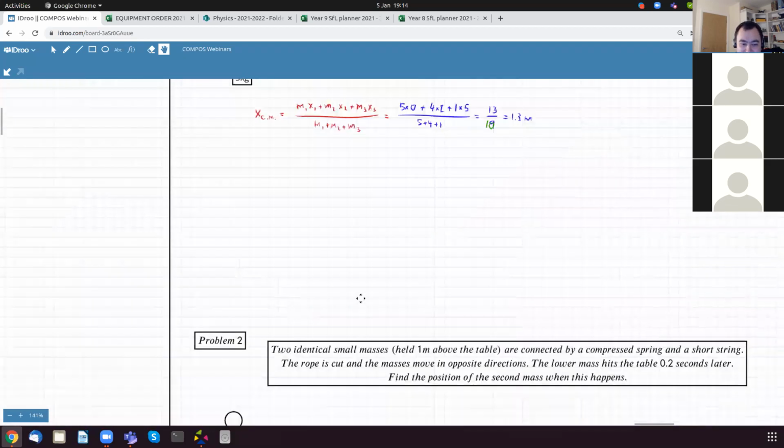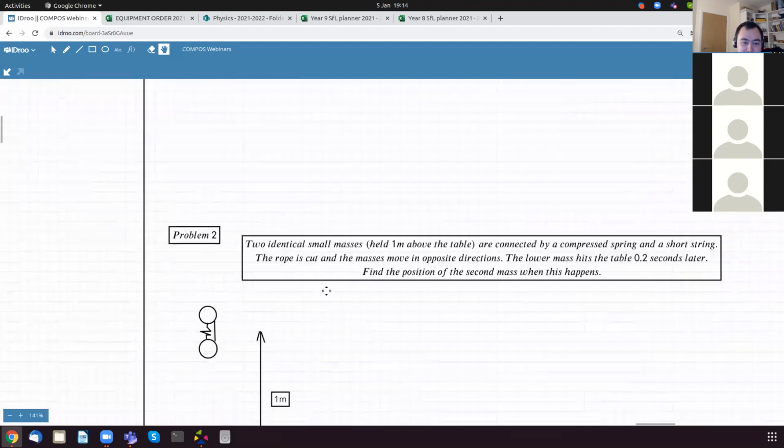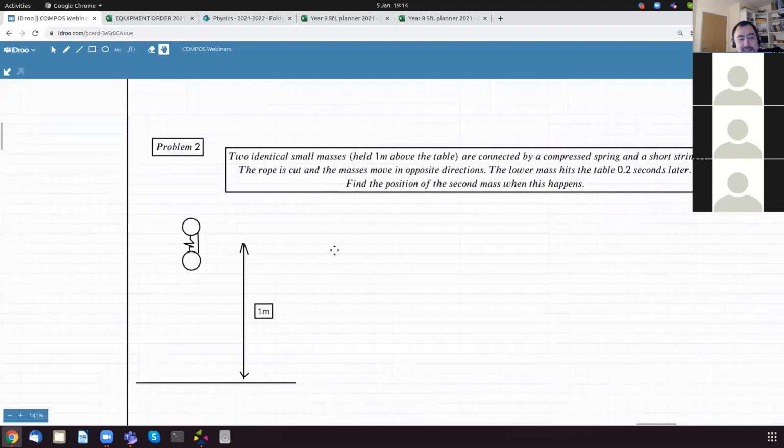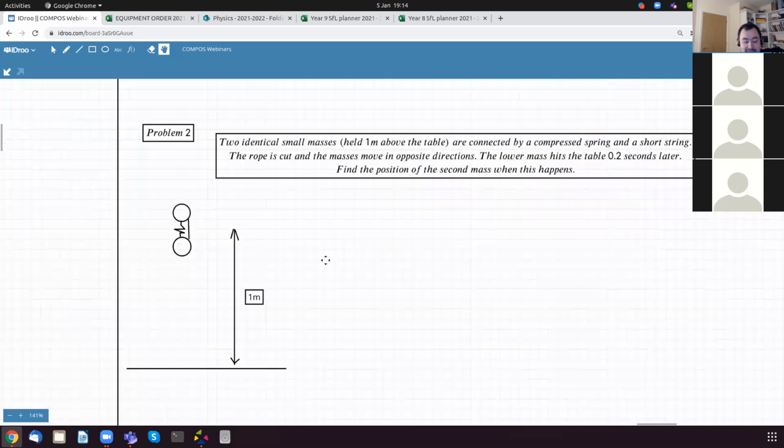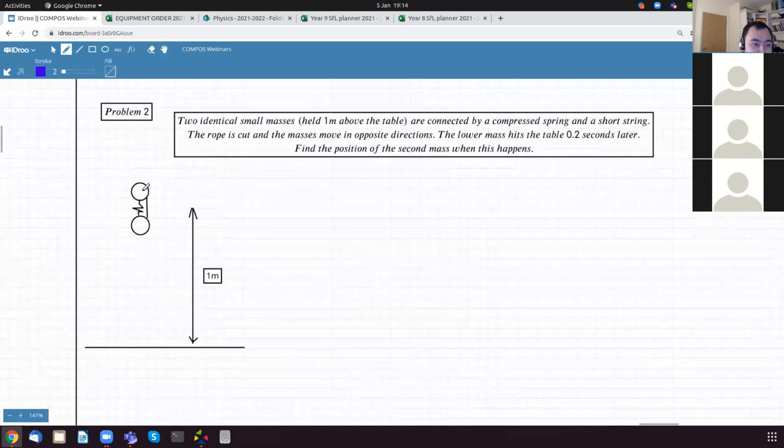The next bit is concerning the movement of the center of mass. Two identical small masses, M and M, are held 1 meter above the table. They are connected by a compressed spring, so there's a spring here and a short string.